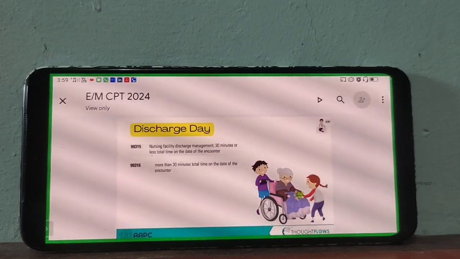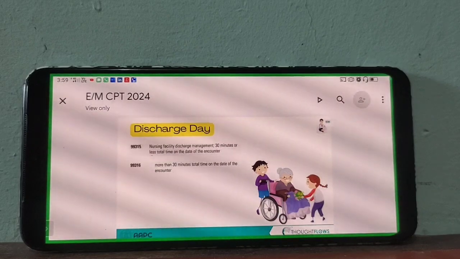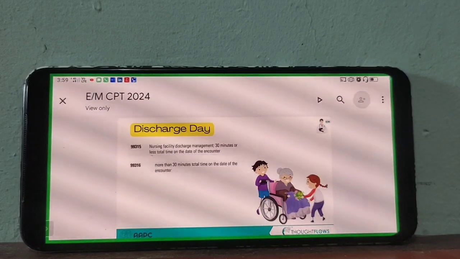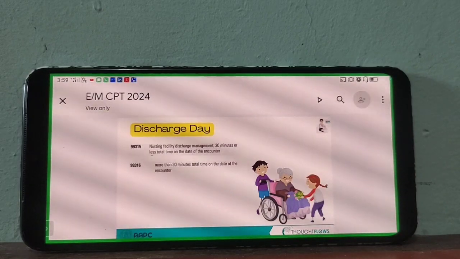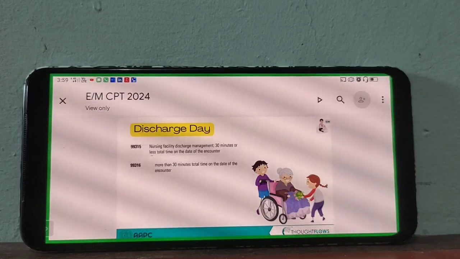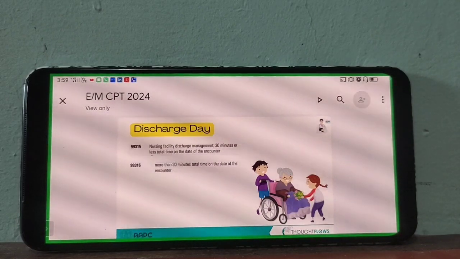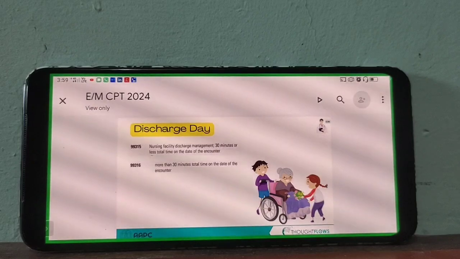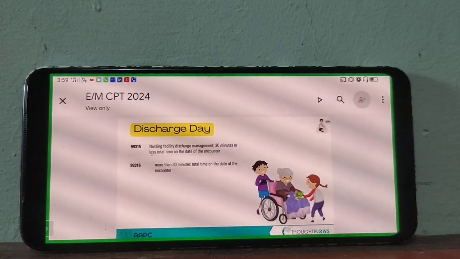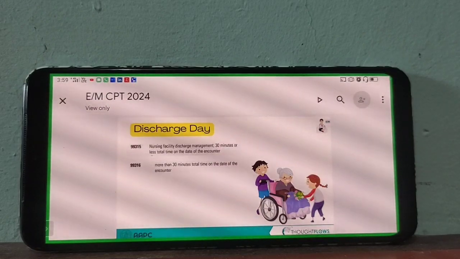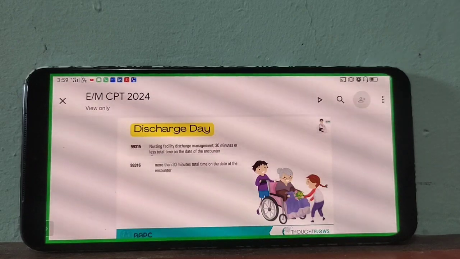In the nursing facility, if a patient is discharged from the nursing facility, here also the time spent by the provider to discharge the patient from the facility counts. 30 minutes or less, 99315; more than 30 minutes, 99316. If the time is not mentioned, how can we report?